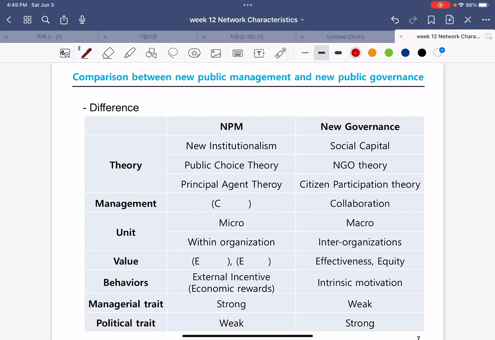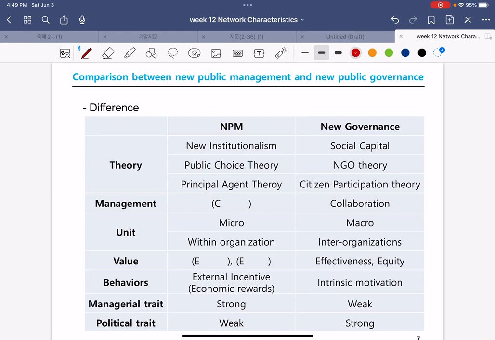Therefore, to produce good performance and good outcomes, intrinsic and internal motivation is not important, because internal motivation and internal reward cannot motivate public employees to work hard.